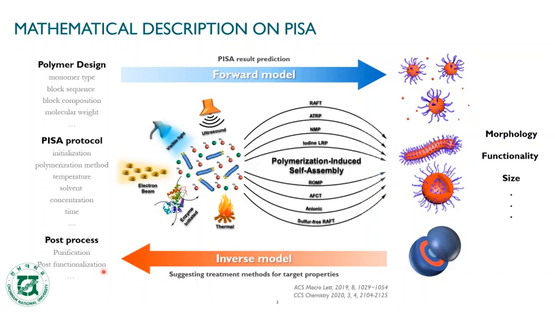Then the output of this model is going to be what kind of polymer and process has to be used. So this would help to find a novel structure and design the related polymer and process designs.